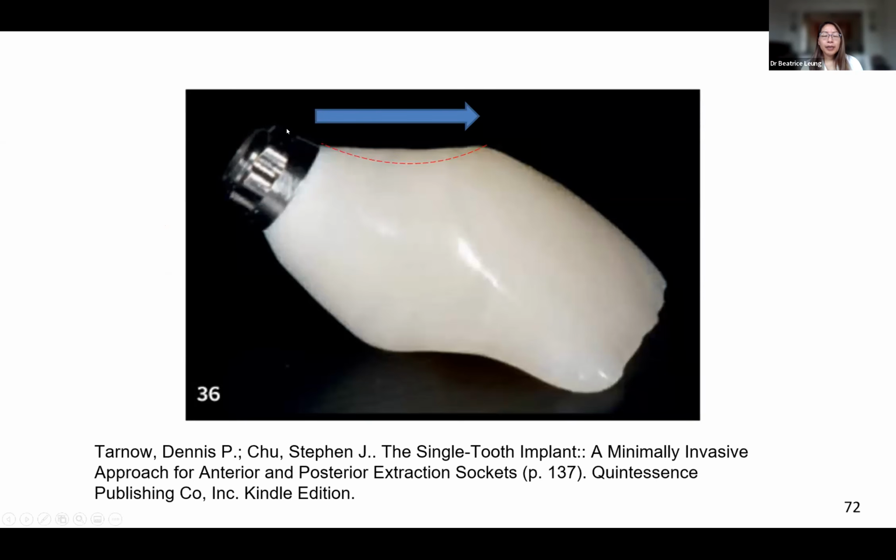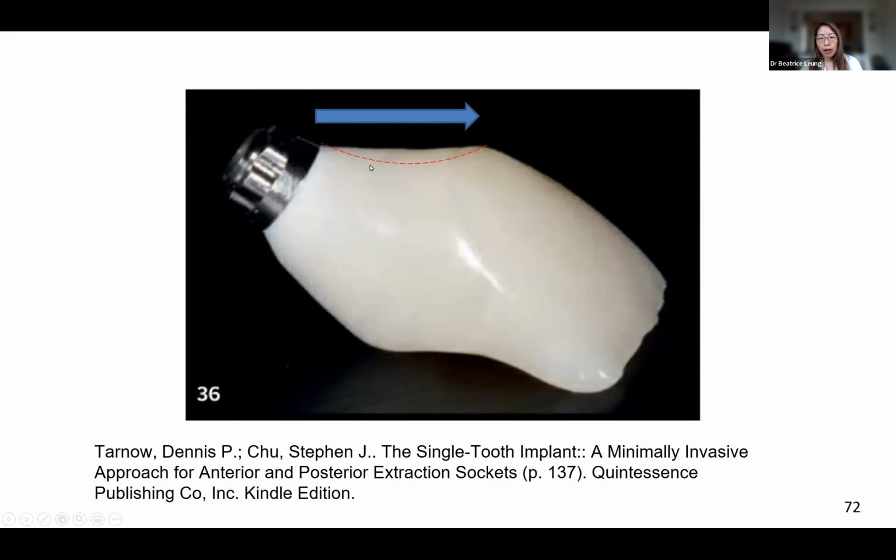Basically, two rules I want you to remember. If you make it more concave, like how I am showing it here, which is what most people say, most of your emergence profiles should be concave so you have more soft tissue to support the area. And that's going to affect where the gingival margin needs to be.